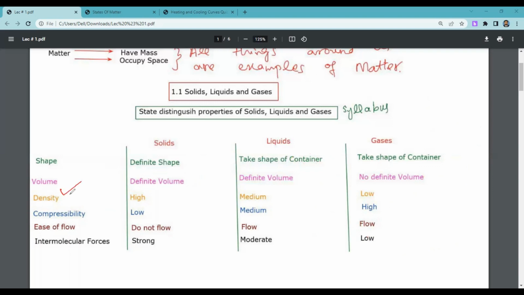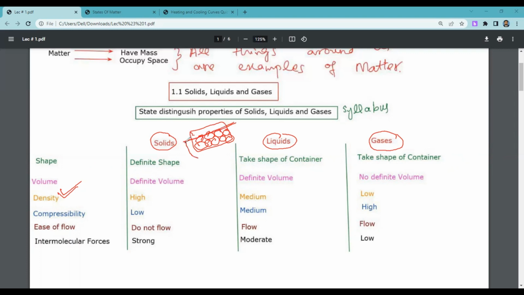Now we come to density. At this time we are comparing solids, liquids, and gases. As you know, solids have a compact arrangement of particles. Therefore, they occupy less space.